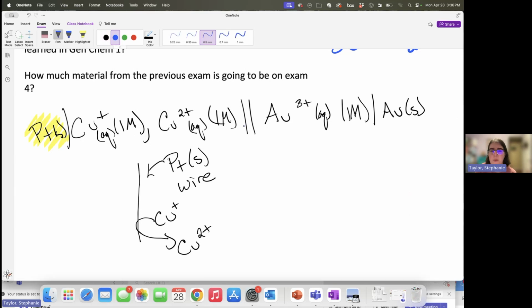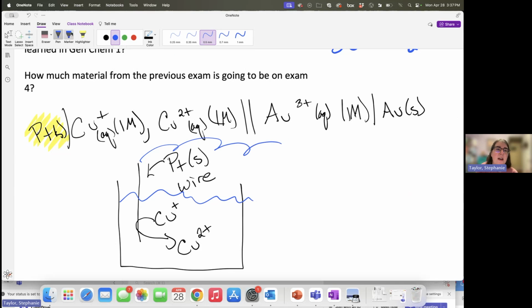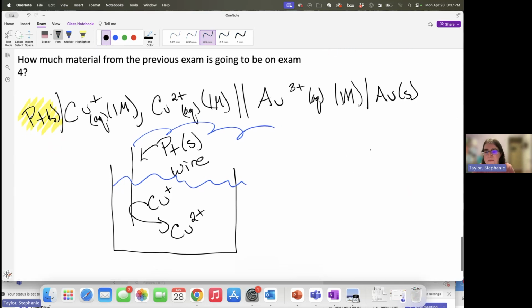The setup gets a little bit more sophisticated if we're dealing with gases. So let me finish my little drawing of this guy. Here's a beaker. Here's the liquid. Everything's in liquid. There's a little wire, all that jazz. If we're talking about a platinum wire dealing with gases, what usually happens is you have still your platinum wire, so that's still there.